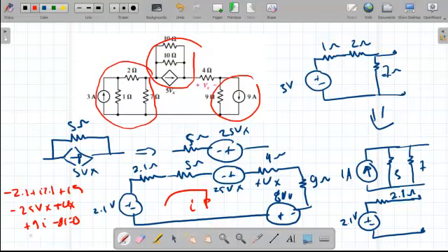And remember the relation between Vx and I. We know that Vx equal 4 times I, because of the current here. After you solve this, you should get Vx equal minus 4.16 volt.